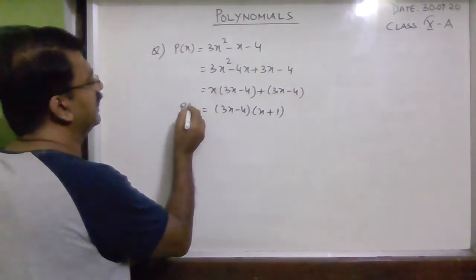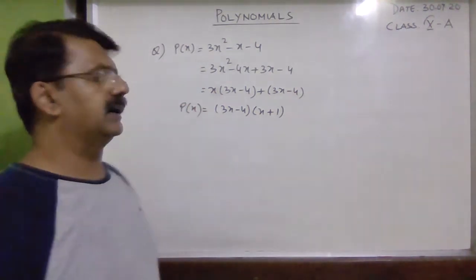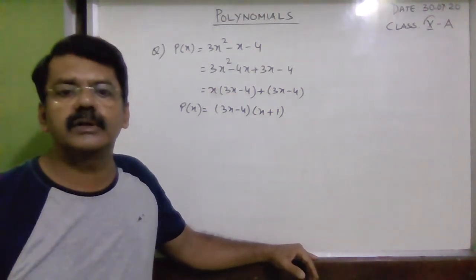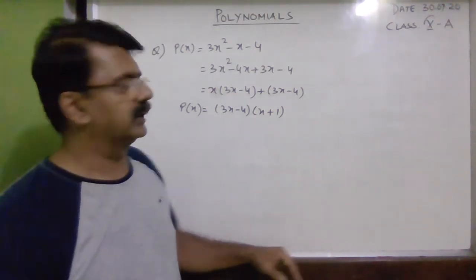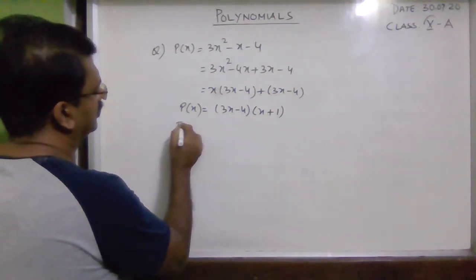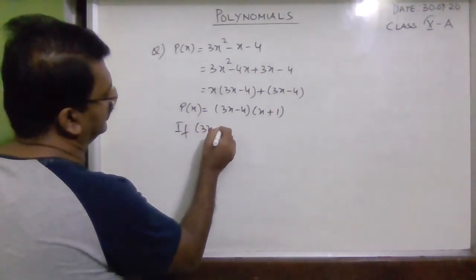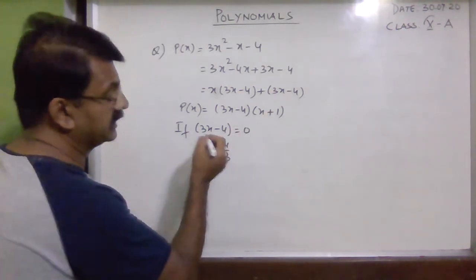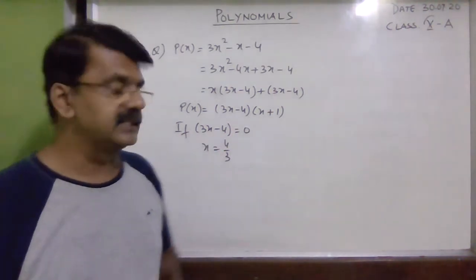So in this way, we have factorized the given quadratic polynomial, and it is 3x minus 4 into x plus 1. Now, if 3x minus 4 is equal to 0, then x is equal to 4 by 3. So this is the first zero.